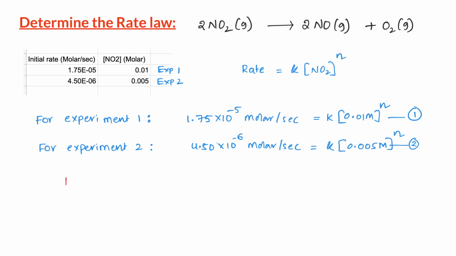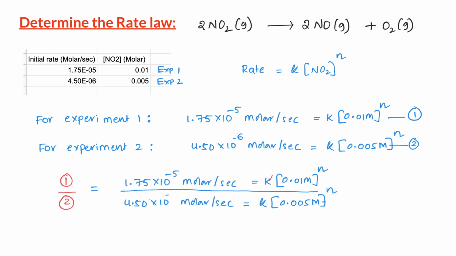Therefore, dividing equation 1 by equation 2, we get the following. k and k get cancelled, and if we do the math, we get 3.99 equals 2 to the power of n, and n is equal to 2. So, the order of the reaction with respect to nitrogen dioxide is 2.